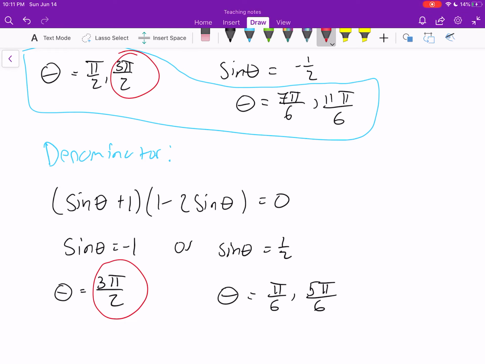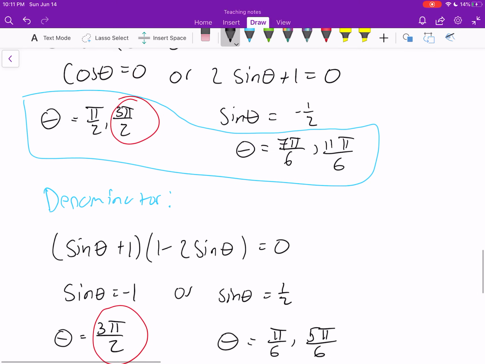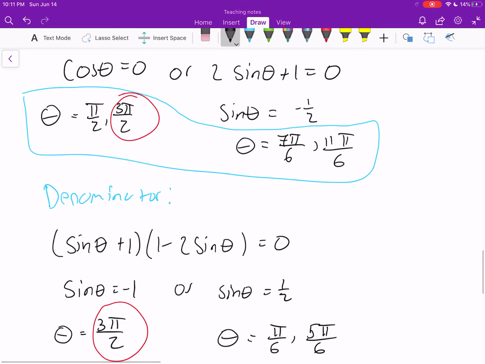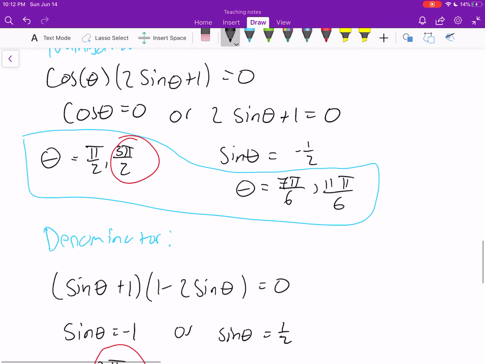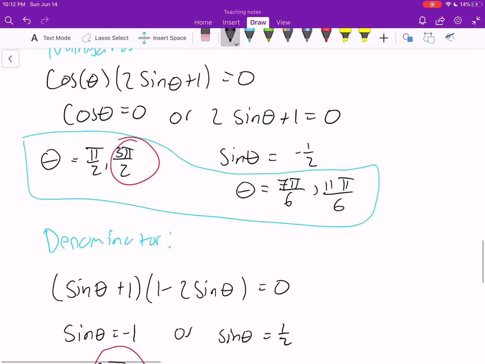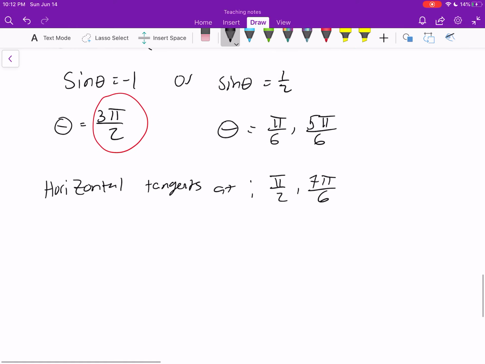So from this, I can immediately tell we have horizontal tangents at the values boxed in blue without red. So we have horizontal tangents at pi over 2, 7 pi over 6, and 11 pi over 6.